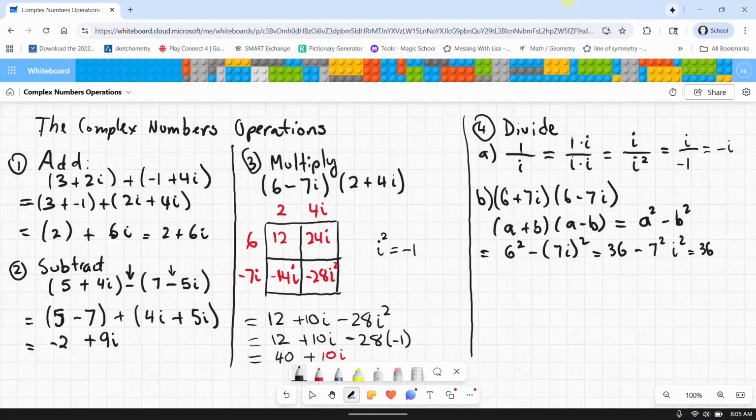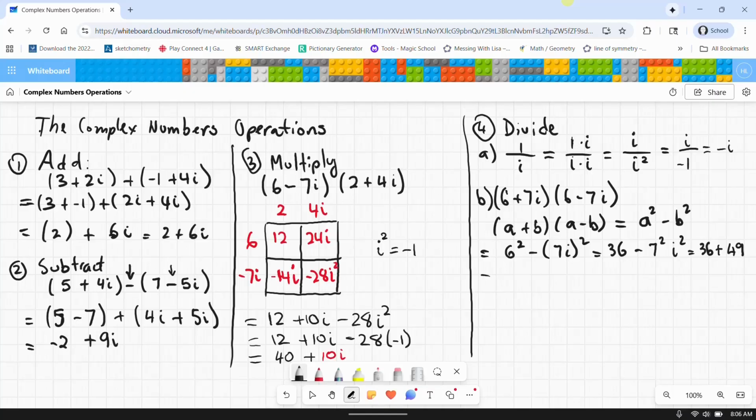Now 7 squared is 49, and i squared is negative 1. So we have 49 times a negative 1, with the negative turning it into a positive 49.